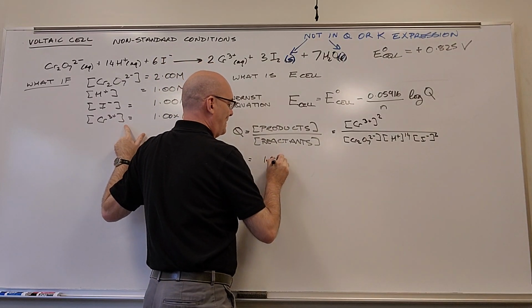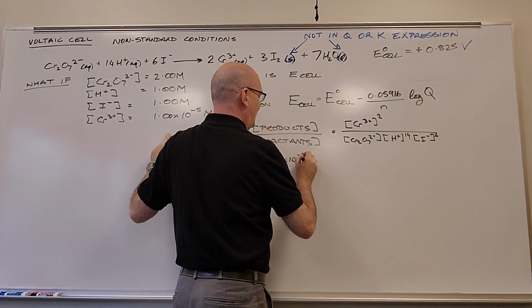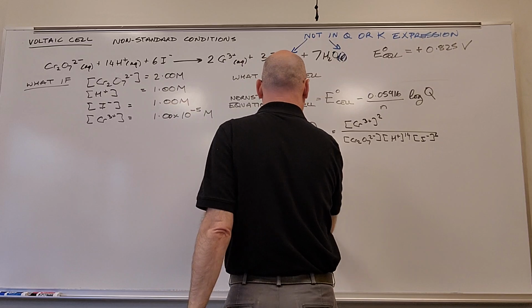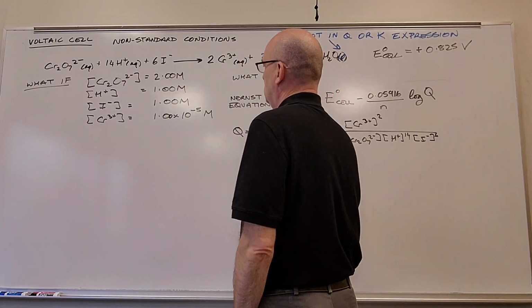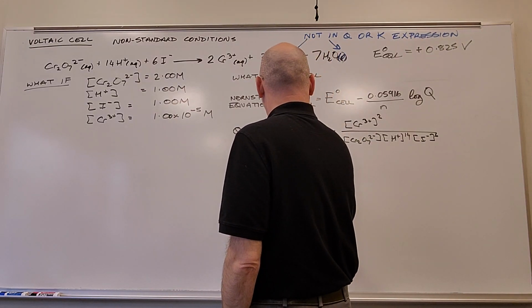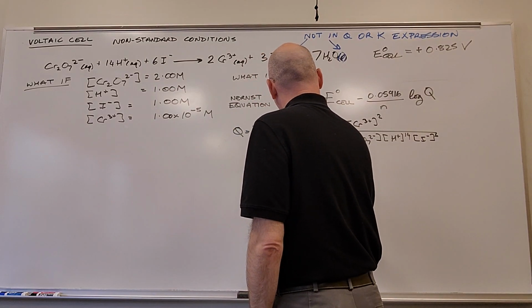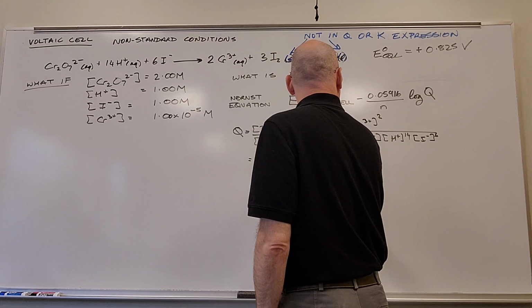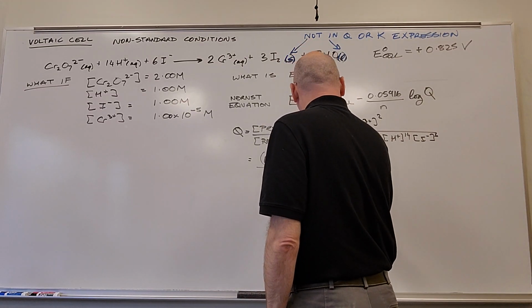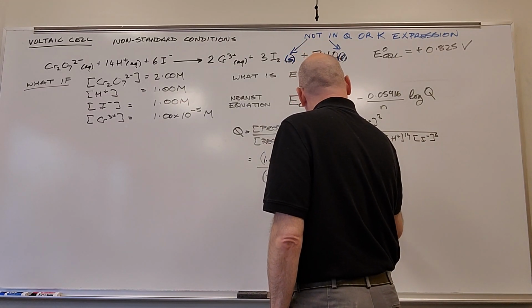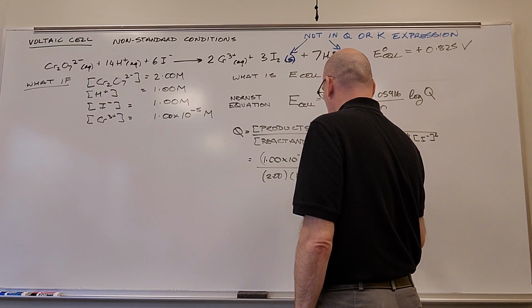So 1 times 10 to the negative 5 squared over 2. 1 to the 14 is 1. And 1 to the 6 is also 1.